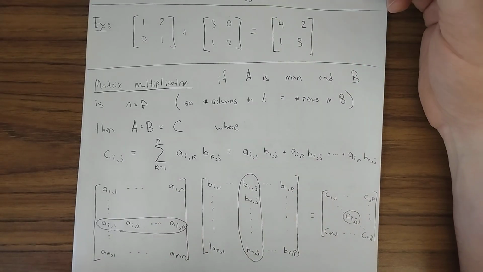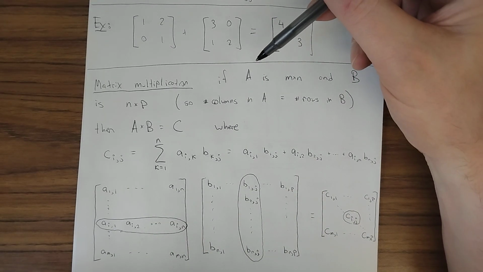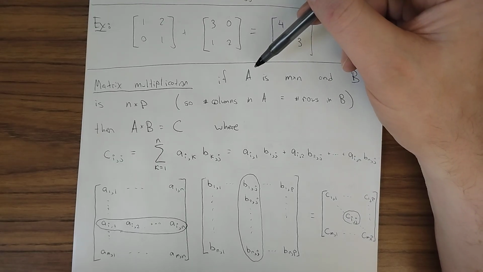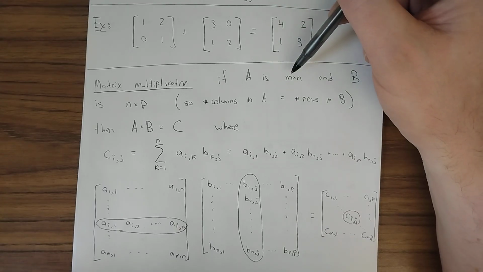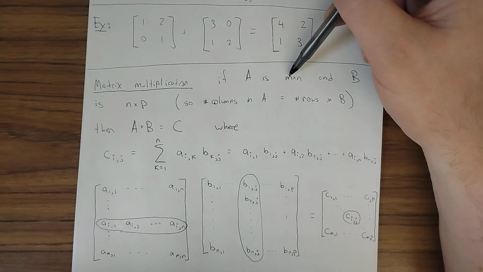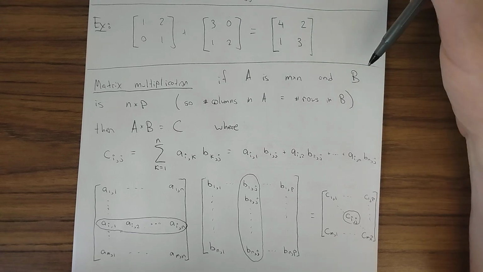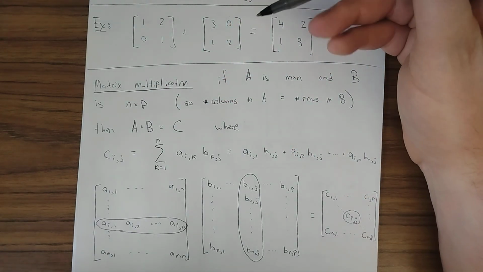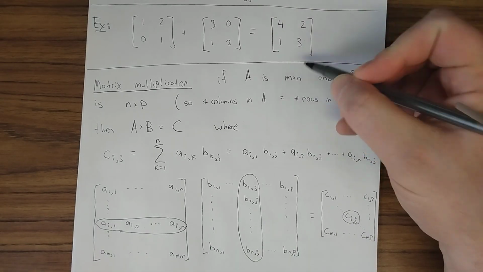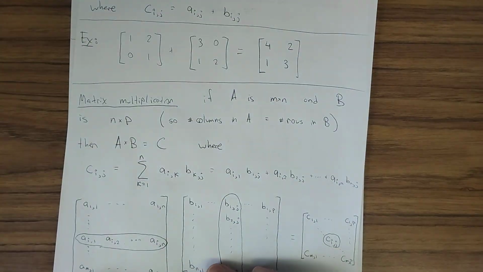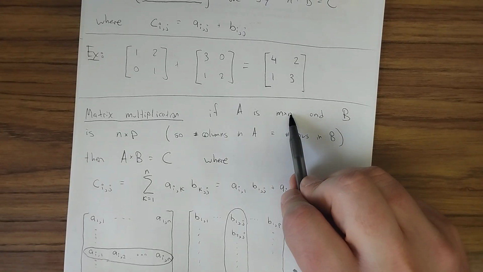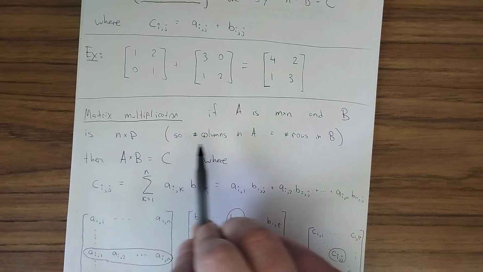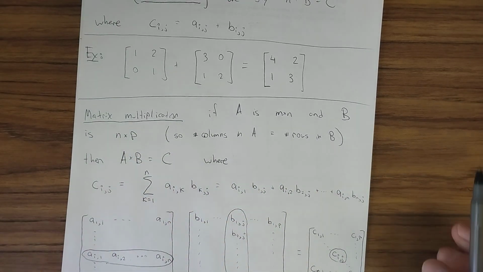First of all, there's something funny about the dimensions. I'm going to talk about A times B, and for this to work, A should have some dimension, say M by N, and B should be N by P. What's important is that this N is the same as this N. In other words, the number of columns in A, that's this N, and the number of rows in B is the same.